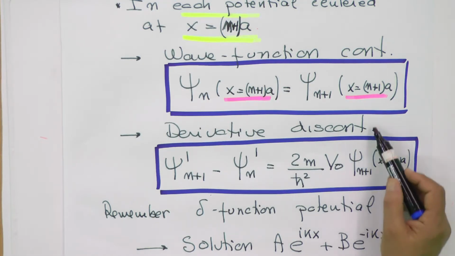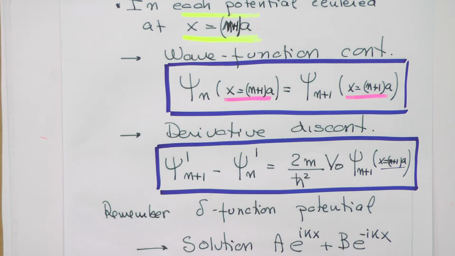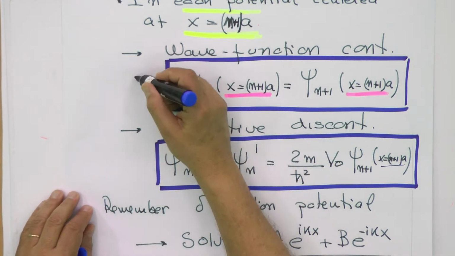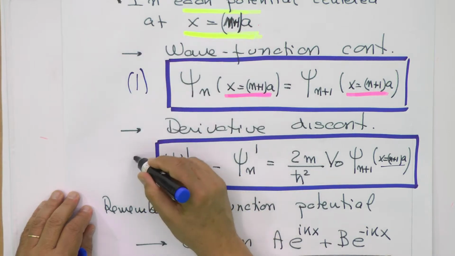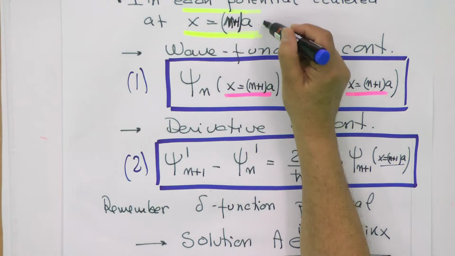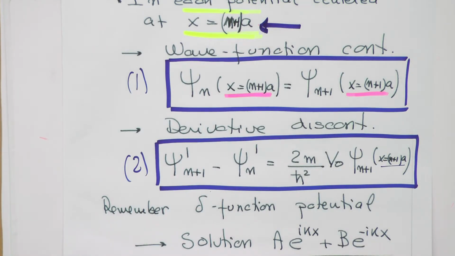Could be n, but they are equal, right? At that point. So those two conditions must be fulfilled at the boundary, at the position x equal to n plus 1 a, which is one of the locations of this potential. n is arbitrary. I can choose whatever I want.